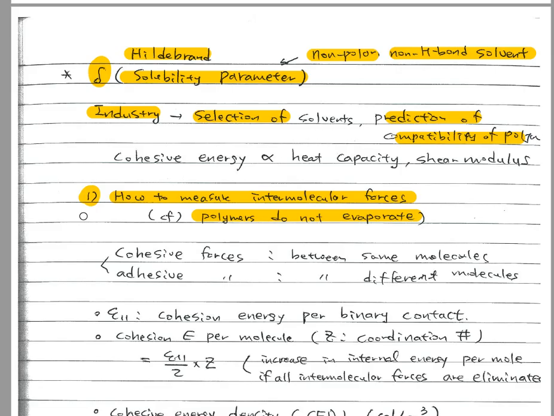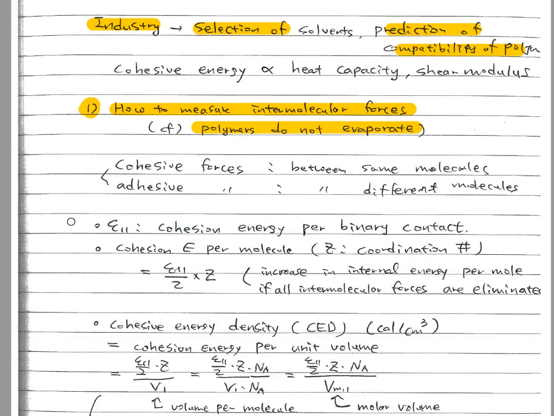So anyhow, we want to determine the intermolecular forces of the polymers or solvent. Okay. So the interactions like intermolecular forces are called cohesive forces if the interactions are between the same molecules. If they are between different molecules, it is called adhesive forces. Anyhow, we want to determine cohesive forces now. Okay.